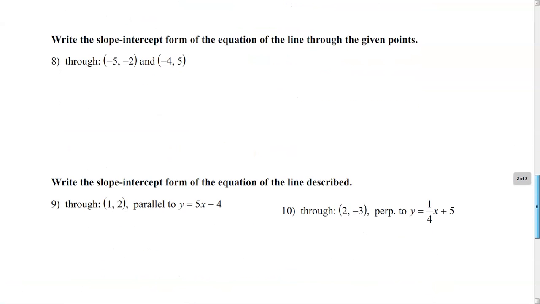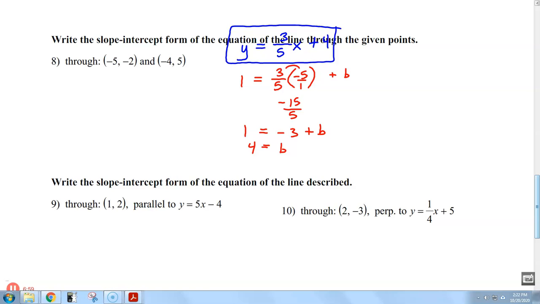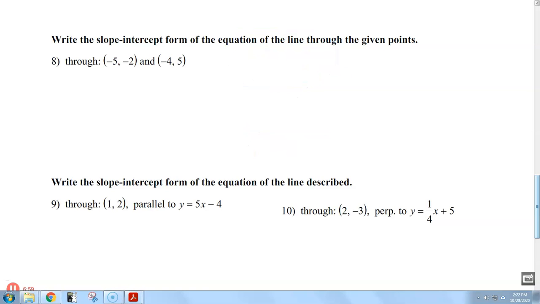All right, number 8. Same idea, slope-intercept form, except now I need a slope and I need a point. But they didn't give me the slope. They give me 2 points, so that's almost as good. Remember, if I want the slope, I've got to do change in y over change in x.